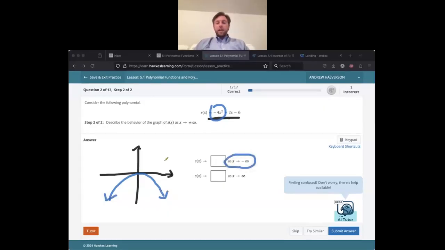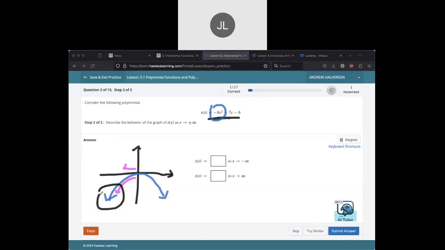Pretend that's a U. So as x moves left, you're moving in this direction, but you're tracing along this. As you move further and further left, what's happening to your output, to your graph? What's it moving towards? Going down. To what? It's going to keep going down. That arrow says go on forever, negative infinity. Right. Keep going down to negative infinity. And how about if you move in the positive x direction?